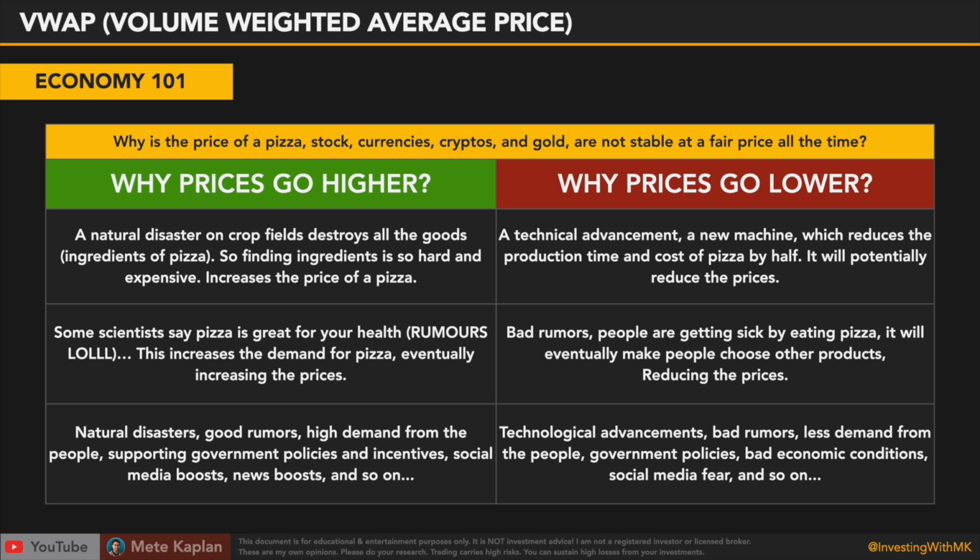If there is a technological advancement, a machine which makes me cut the production time and costs in half, the price of pizza will go down. So this is why the price of anything, stocks, crypto, pizza, French fries, and mobile phones will always change. Fair prices will always be updated due to environmental conditions.